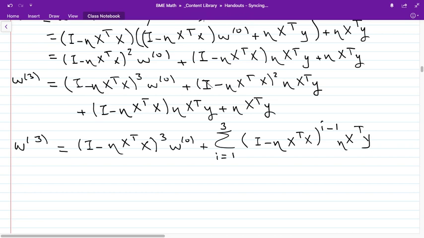So I just wrote this equation now as a sum. Let's see if I did it right. Yeah, I think it looks okay.